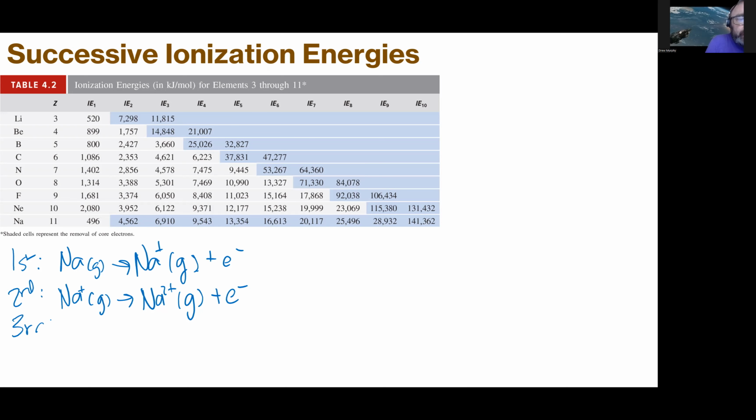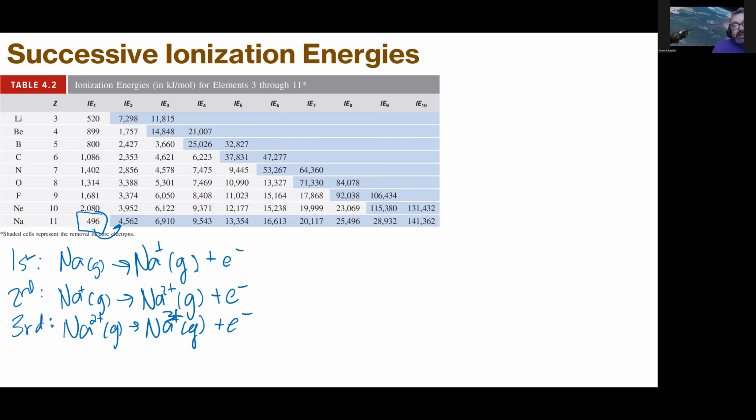The third, it's the same idea. The trend continues, 2+, kicking somebody out to become a 3+. Now, it's weird because sodium shouldn't form a 2+ or a 3+ because it only has one valence electron. But let's look at the data. Here's our first ionization energy, not too bad.